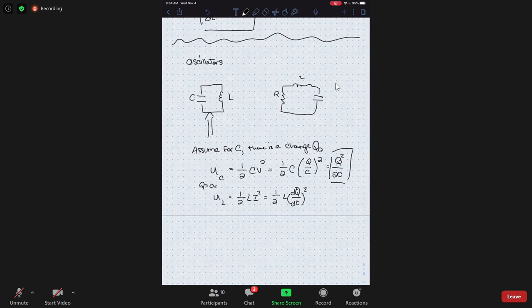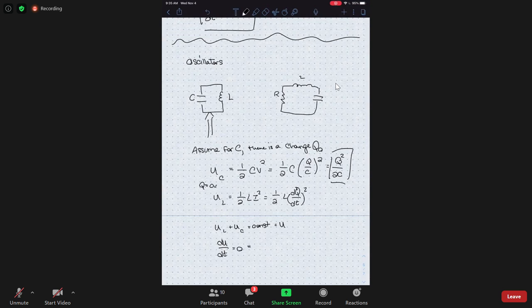And so conservation of energy tells us that UL plus UC is a constant, because we're assuming that there's no loss here. We're assuming that there's no damping, no friction, no resistor in just an LC circuit. So this is some constant, we'll call it U. And we know that dU/dt is equal to 0.